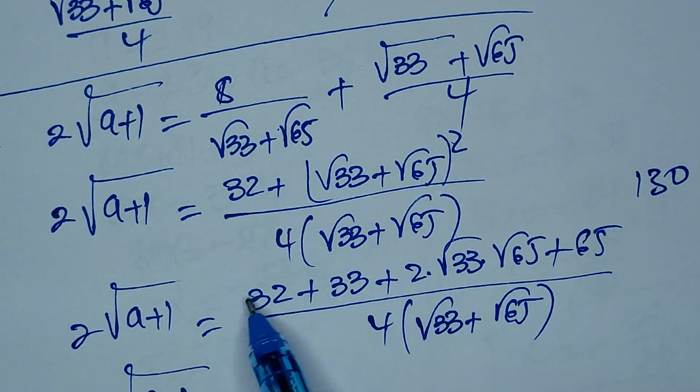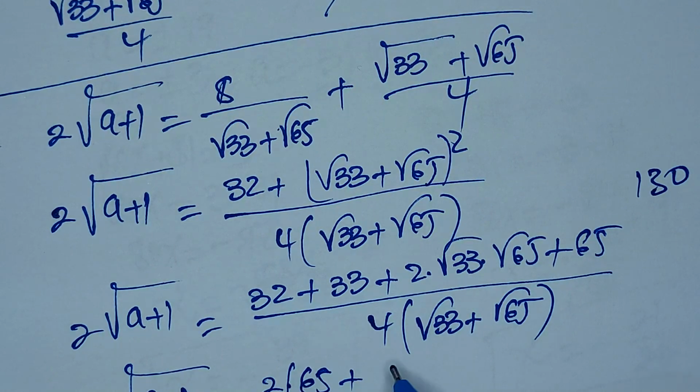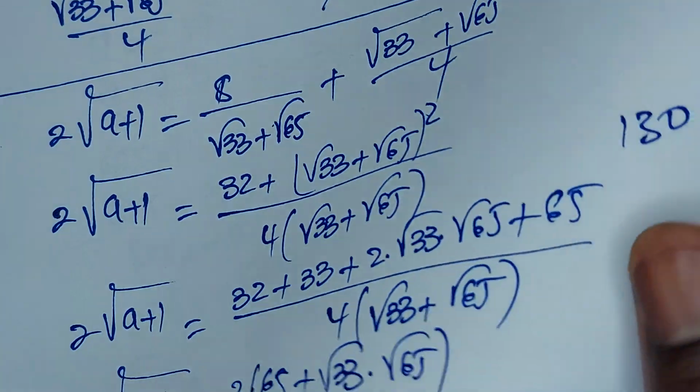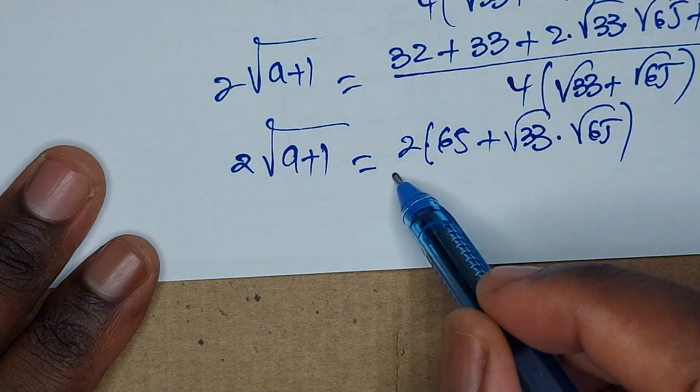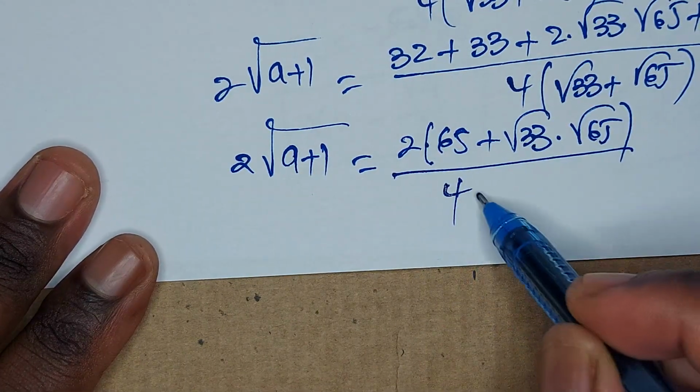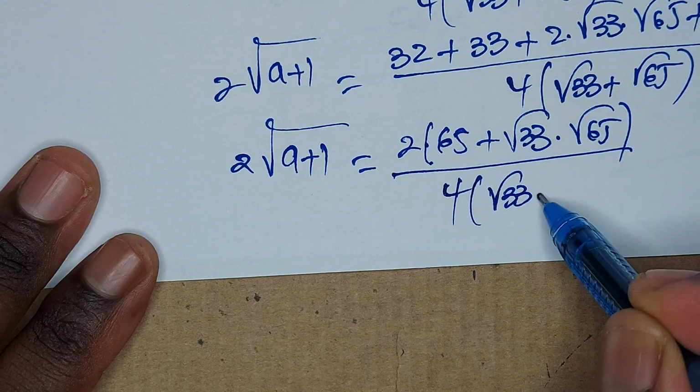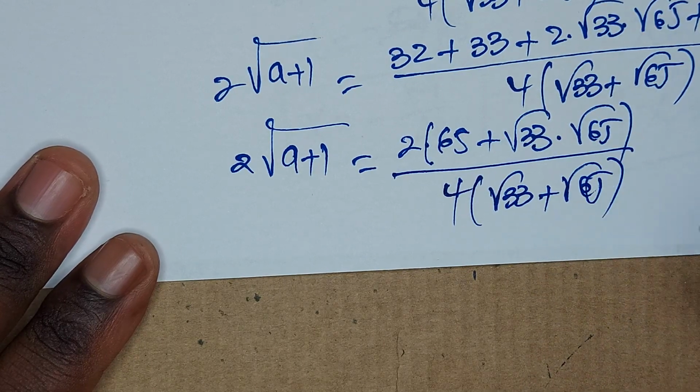So I have 2 here, and this would be 2 times 65 plus square root of 33 times square root of 65, divided by 4 square root of 33 plus square root of 65.